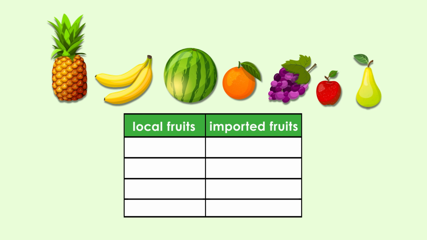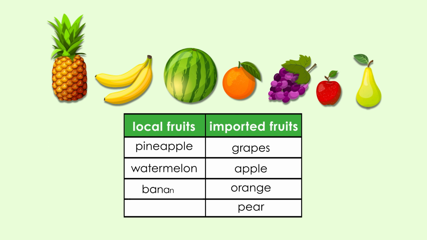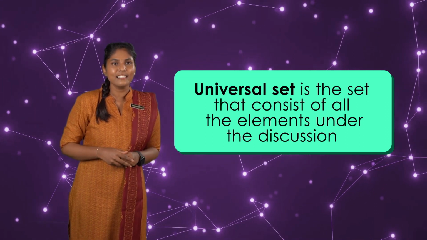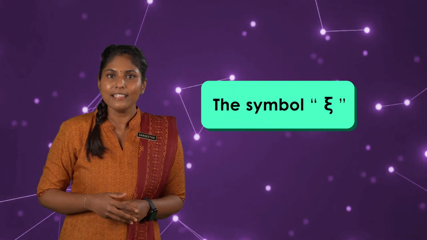Yes, the imported fruits are grapes, apple, orange, and pear, whereas the local fruits are pineapple, watermelon, and banana. Important note: in dealing with sets, we normally have a universal set. What is a universal set? A universal set is the set that consists of all the elements under the discussion. We use the symbol xi to represent them.